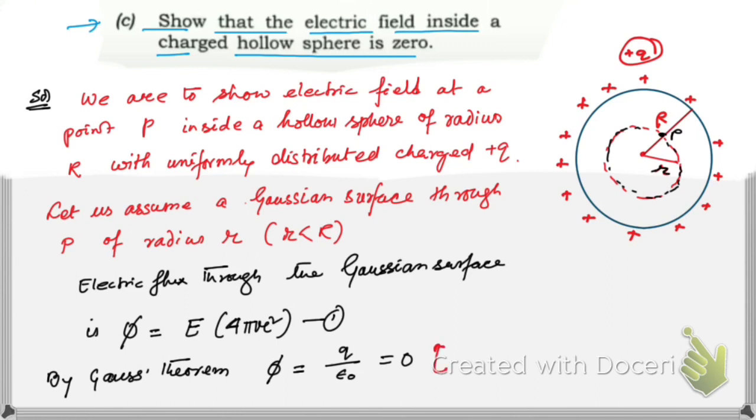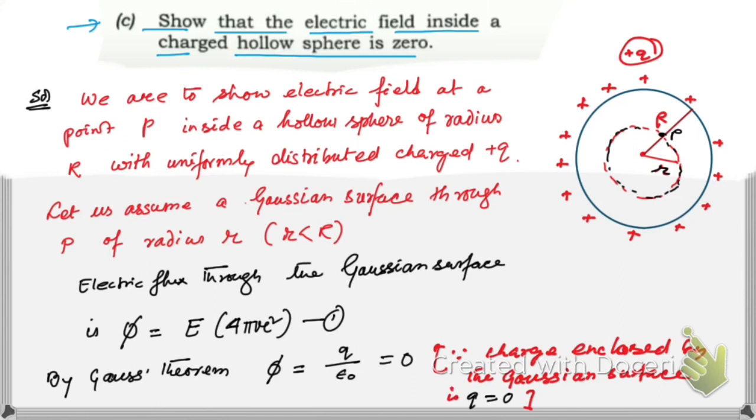Because the charge inside the Gaussian surface, the charge enclosed by the Gaussian surface, Q is equal to 0, right?